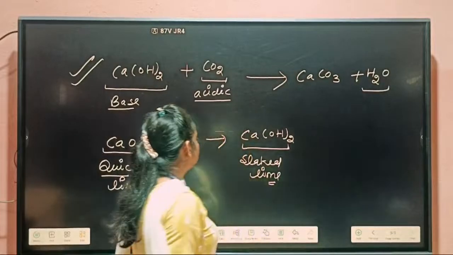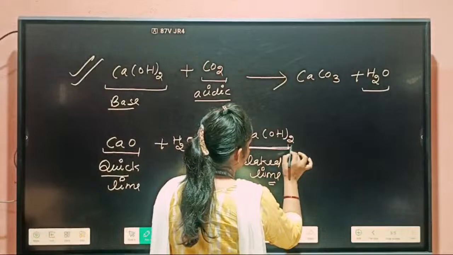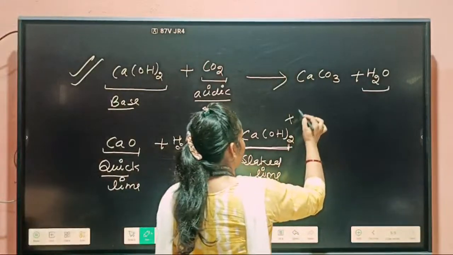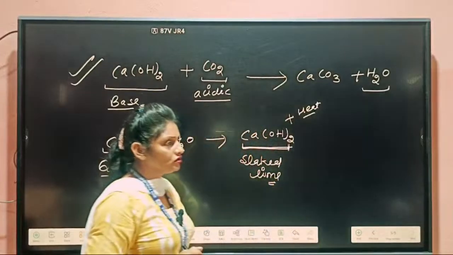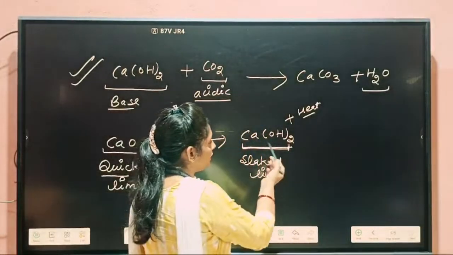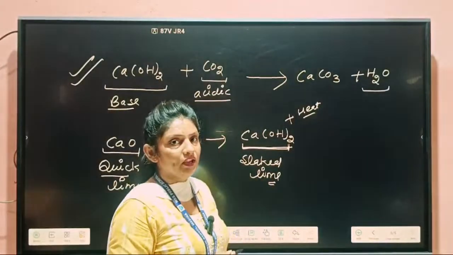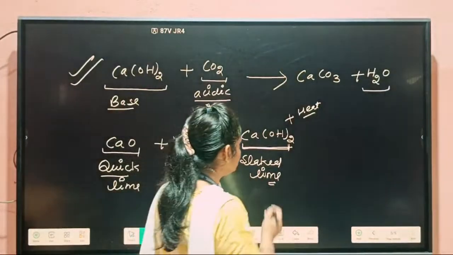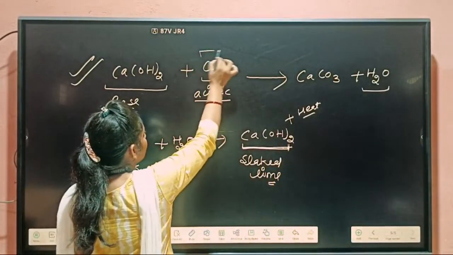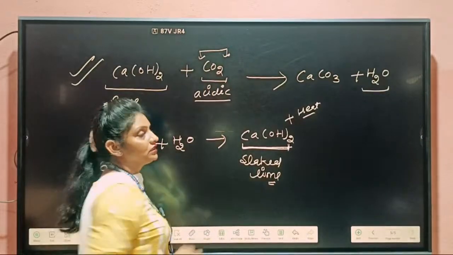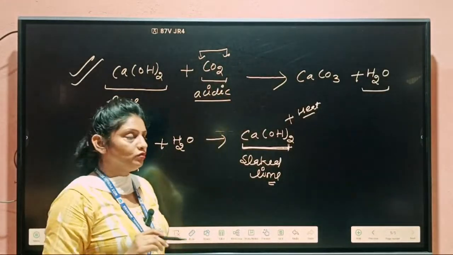Okay, students. Then this calcium hydroxide we apply, it will release some amount of heat also. Here, students, this slaked lime we apply on our walls. This will react with carbon dioxide present in the atmosphere.